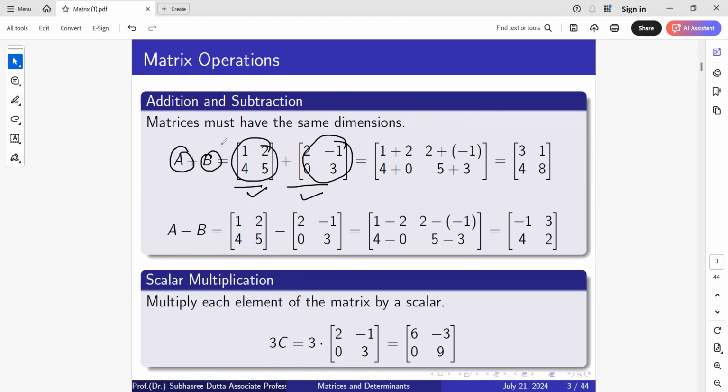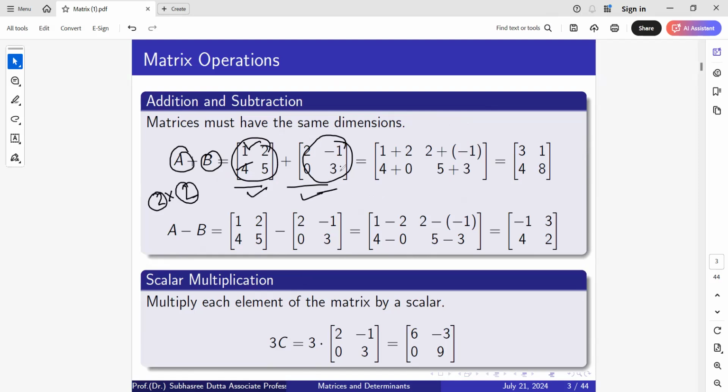So these two matrices will have the same number of rows, which is 2, and the same number of columns, which is 2. So if a matrix is of this type, we will write the order as 2 cross 2. This is the number of rows and this is the number of columns. So it's a 2 cross 2 matrix plus, addition we are doing with again a 2 cross 2 matrix.